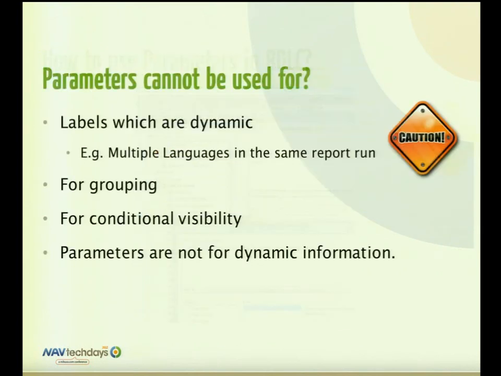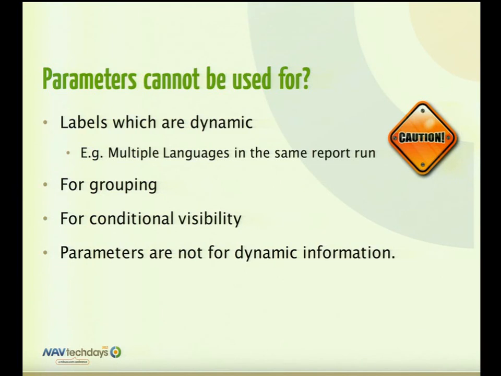So now I'm going to touch upon the place that you should not be using parameters for. Parameters cannot be used for dynamic labels. So what does dynamic labels mean? In Navision, it's quite often we see that when we print customer-side reports, you switch the language when you are actually executing the report. So you're printing two sales orders, and the first order is in German, and the second one is, let's say, in Danish.